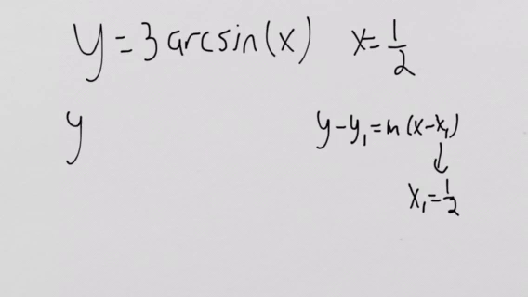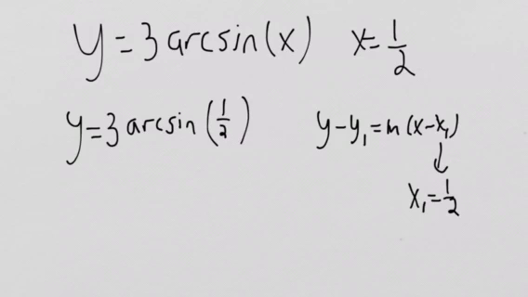So y equals 3 times arcsine of 1/2. So what this is really asking is, when is sine equal to 1/2? What x value or what angle is going to produce that?